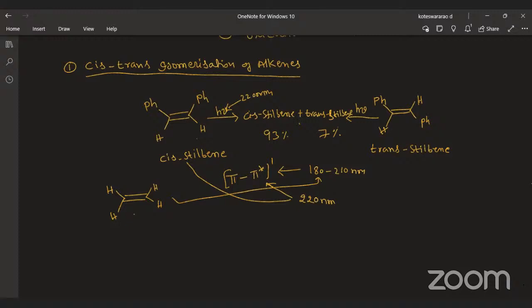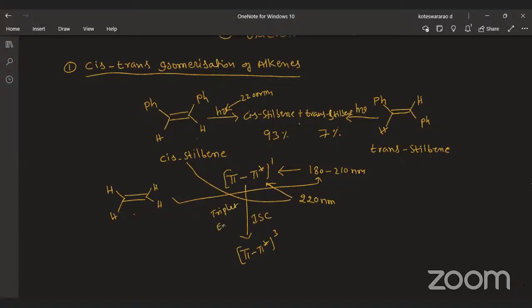Then this π to π star singlet is converted into the π to π star triplet state. How is it possible? By intersystem crossing, through triplet energy transfer.